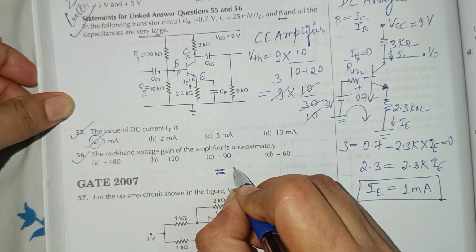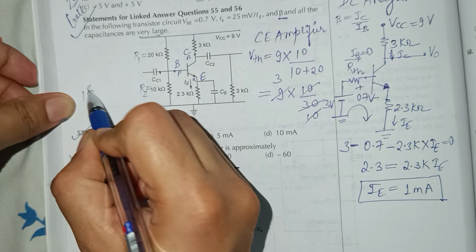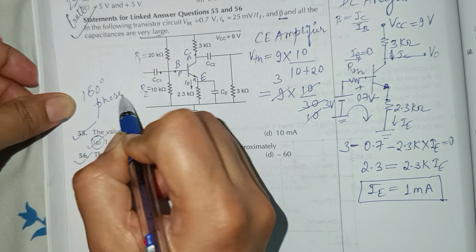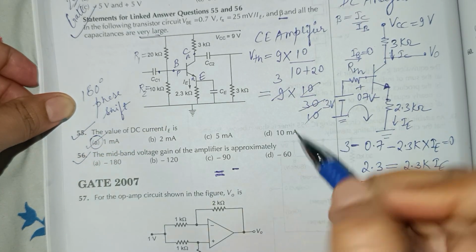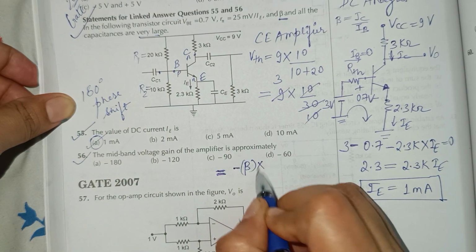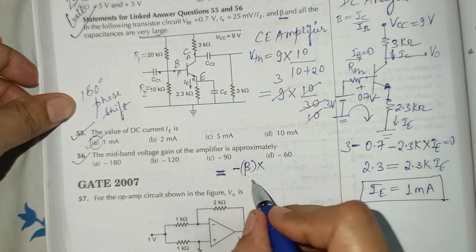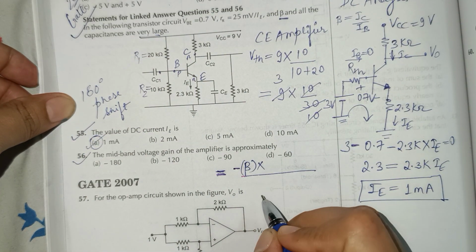It is the negative sign because in common emitter there will be a 180-degree phase shift. So you take a negative sign here, and the current gain is beta, which is divided by the input impedance.